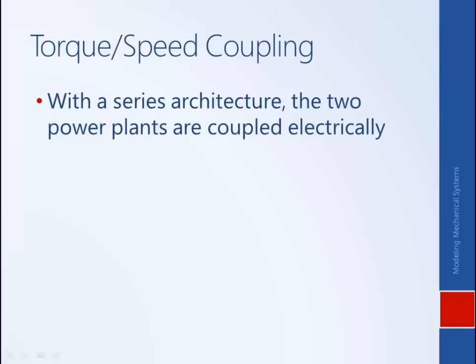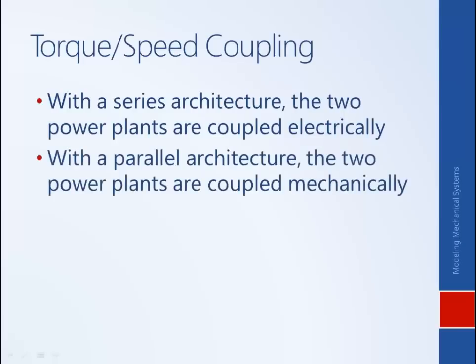The IC engine is generating mechanical energy. The battery is a source of electrical energy, and the way that they're combined is that the IC engine is connected to a generator. Thereby, the mechanical energy of the IC engine is converted into electrical energy, and that energy can then be combined with the electrical energy from the battery.